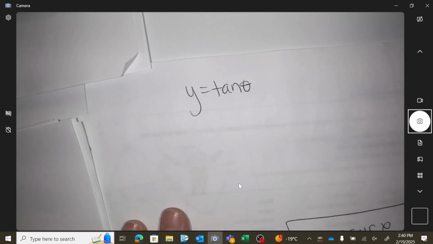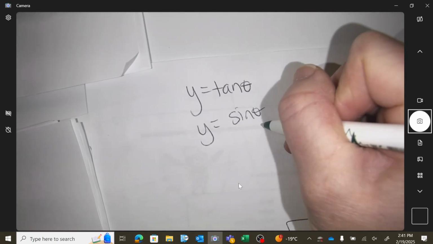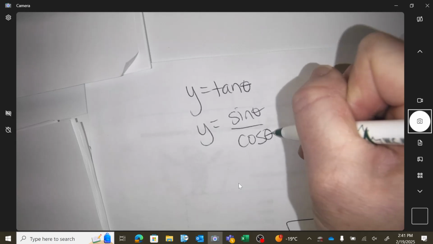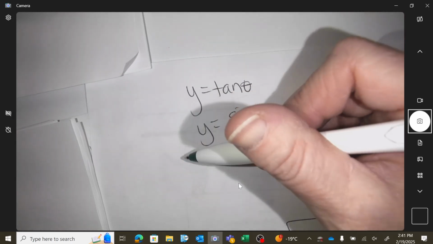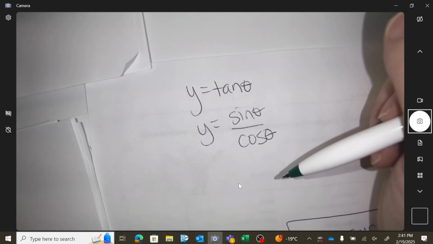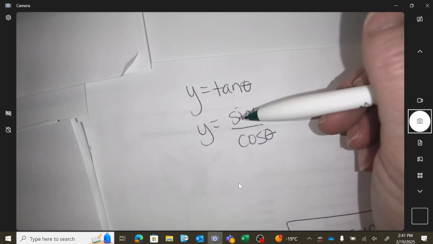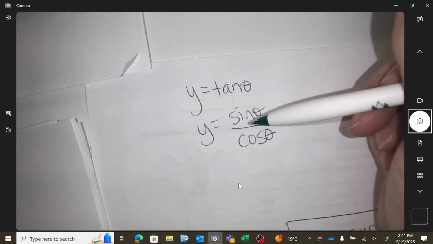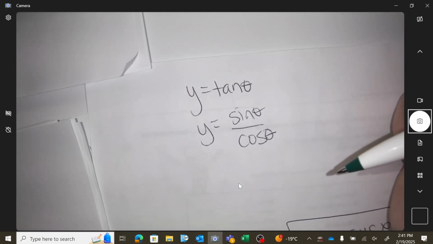What else is tan theta all about? Sine over cos. What are you going to do to derive this? Quotient rule. Got it? That's something to think about. I'm not going to do it, okay, because you're going to think about how to do this quotient rule. Derive this times keep that minus keep that, derive that over cos squared, right? Could get crazy.